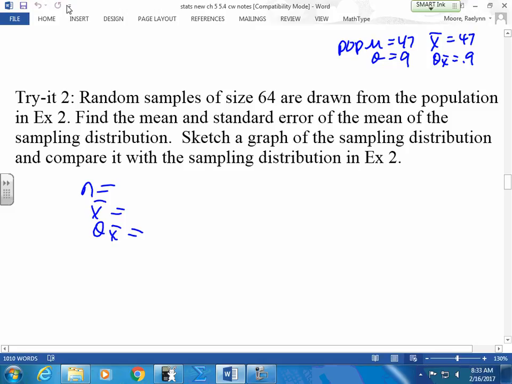What's your N? 64. What does that mean? You took 64 people per sample from this population in this city of telephone users. Okay. What's my sample mean?